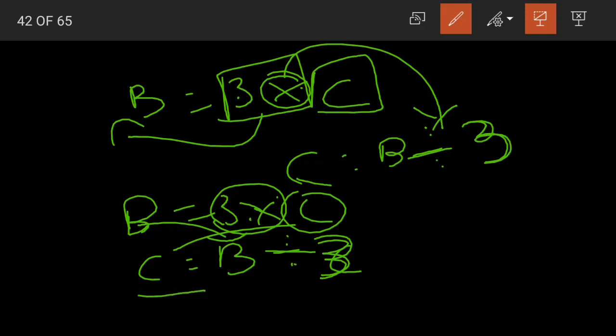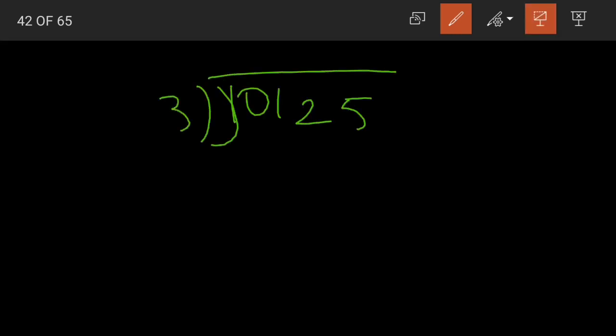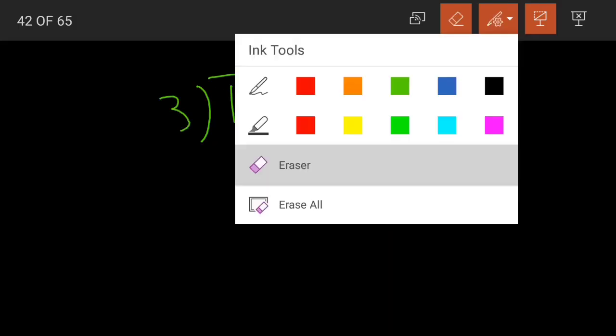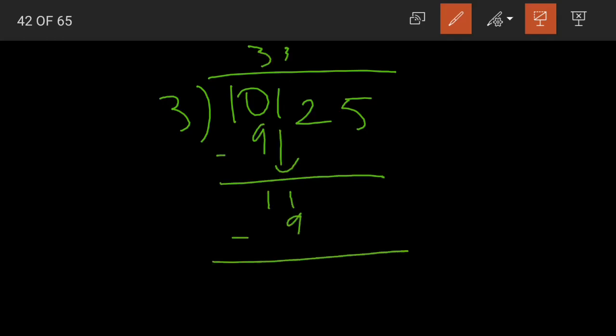Now what is the value of C? B divided by 3. So let us divide. 10125 divided by 3. Yes. 3 3s are 9. When we subtract, 1 is brought down. 3 3s are 9 again. When we subtract, 2 is brought down. 3 7s are 21.